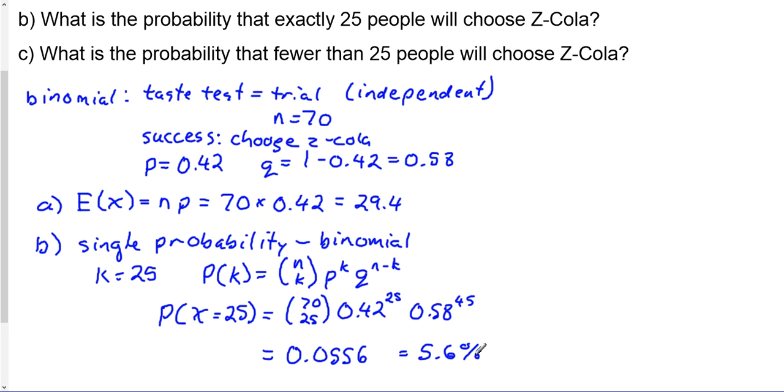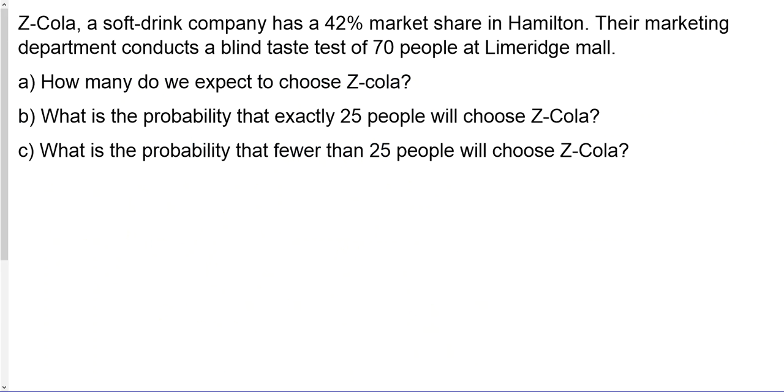Okay, now let's look at the third question here. What is the probability that fewer than 25 people will choose Z-Cola? Well, if we're asked that, then we're looking at a bunch of different probabilities.